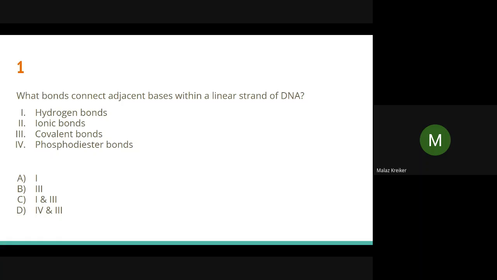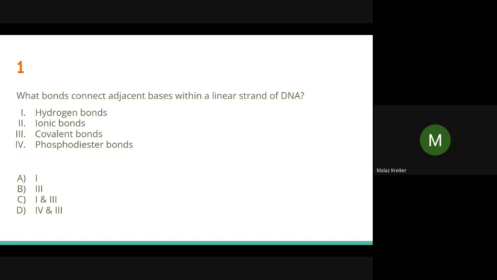For this question, it is asking about adjacent bases within a linear strand of DNA. So it's important to highlight the words within a strand of DNA. The options we have are hydrogen bonds, ionic bonds, covalent bonds, and phosphodiester bonds.